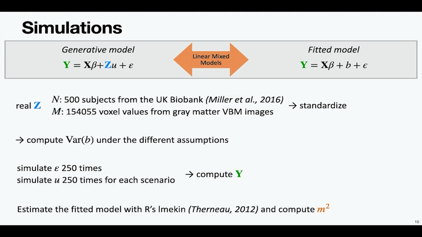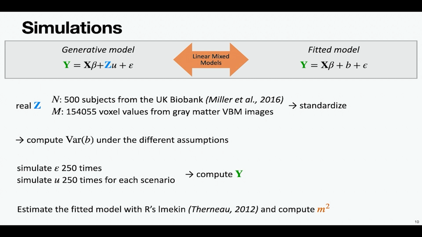So now, to test if this was indeed where the problem came from, we did simulation. For the simulation, we took real MRI images to have a real correlation structure. So we took gray matter VBM images from the UK Biobank. For 500 subjects, we had around 150,000 voxel values. We start by standardizing this Z so that the formulas are correct.